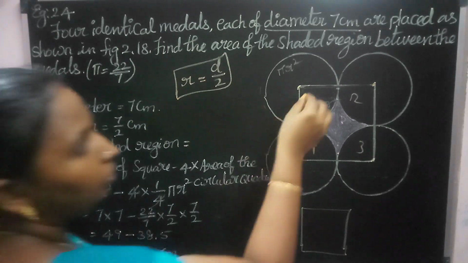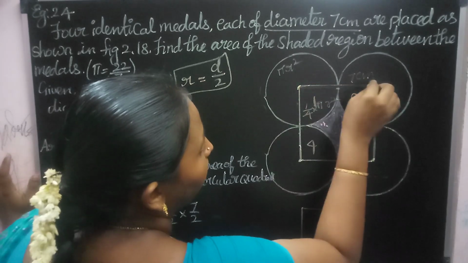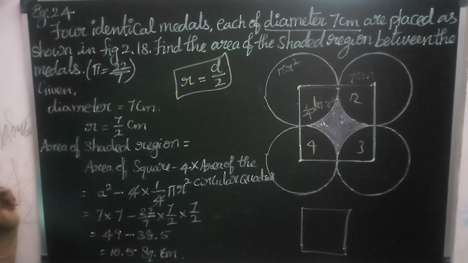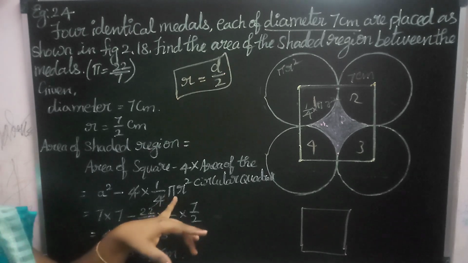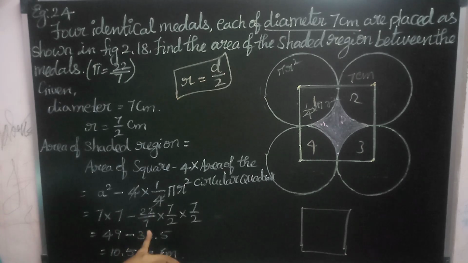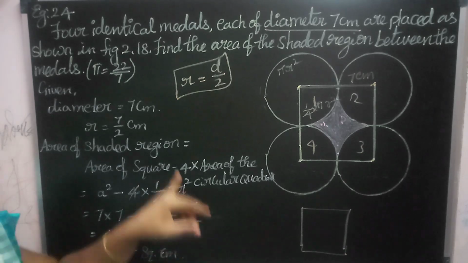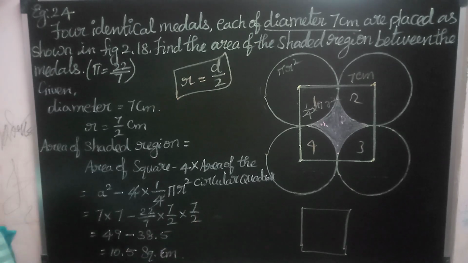Am I right? Here the diameter is 7 centimeter, so the side of the square also will be 7 centimeter. So A square means 7 into 7 minus pi value, they gave in the sum 22 by 7, into r square. Substitute pi as 22 by 7 and r is 7 by 2, so r square is 7 by 2 into 7 by 2.